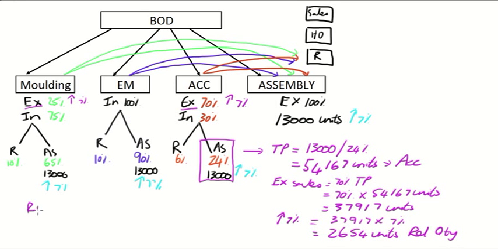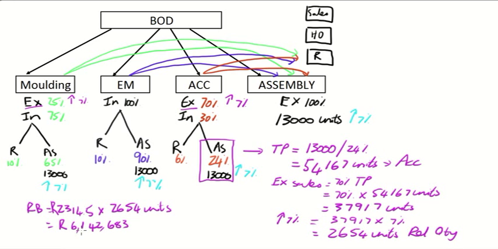The relevant benefit is equal to 2,300 times 2,654 units. And if we take that number, we get our relevant benefit as per the solution of 6,142,000.